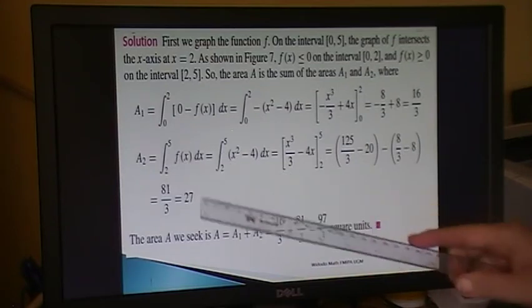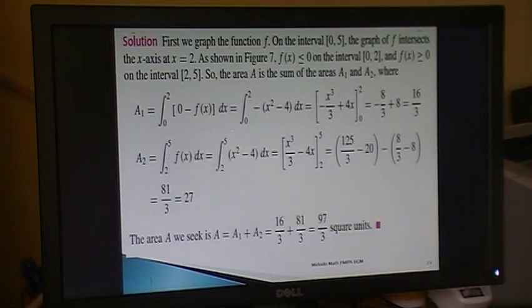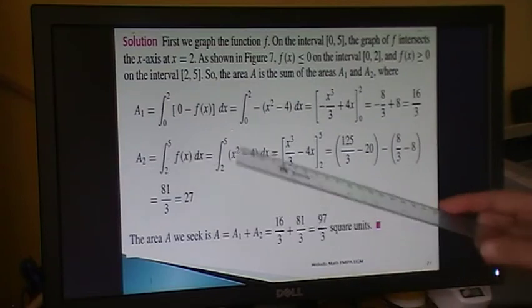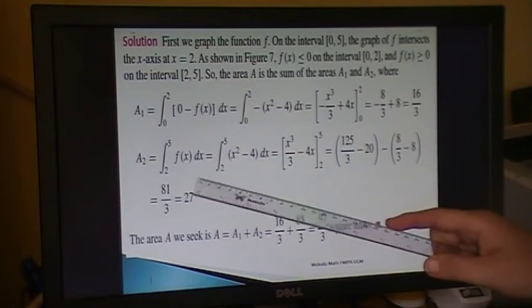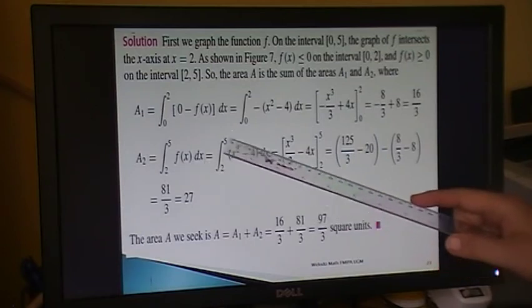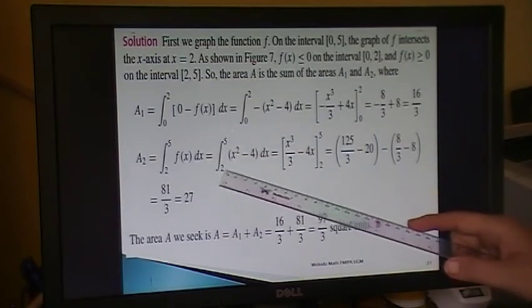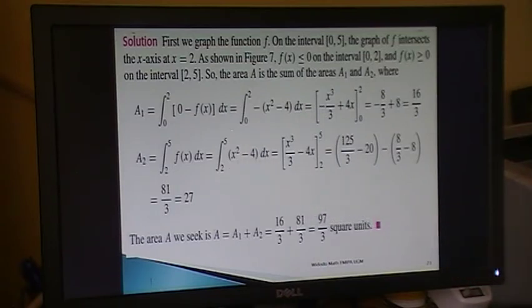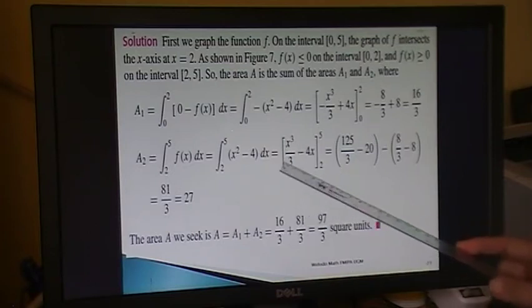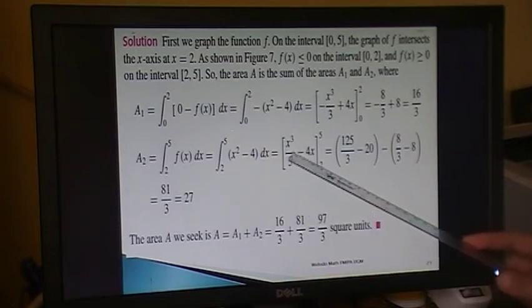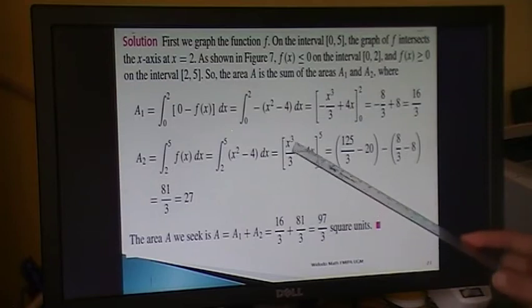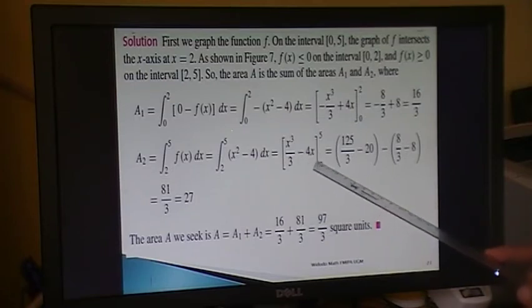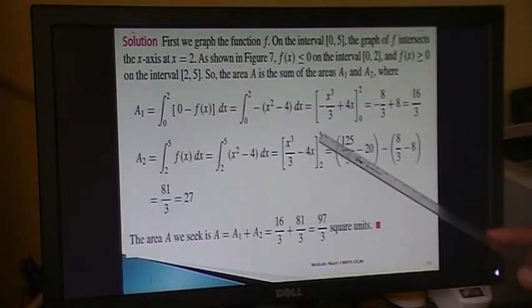On the other hand, for A2, we take f(x), because f(x) on the interval between 2 and 5 is positive. So the absolute value is equal to itself. This is the integral of x squared minus 4 from 2 to 5. It is equal to 1 over 3 times x to the power of 3 minus 4x between 2 and 5.